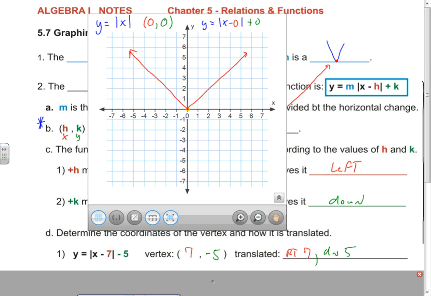The slope gives you the wideness of the V. And right now our slope is 1. There's no m there either. But notice the m is a multiplier of something. If you had just an x, that would be a 1x, correct? Things multiplied have to be 1s when they're not shown. Things added are 0s when they're not shown.